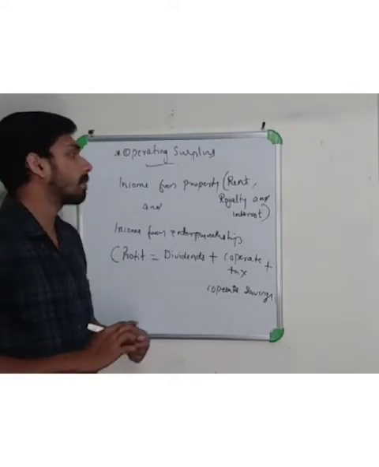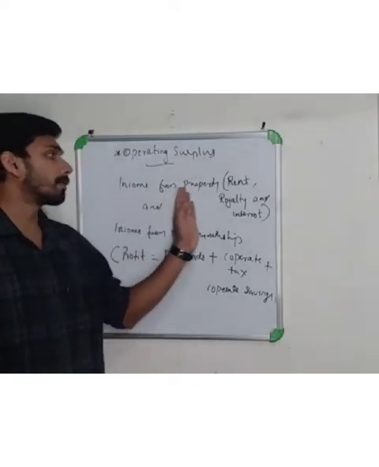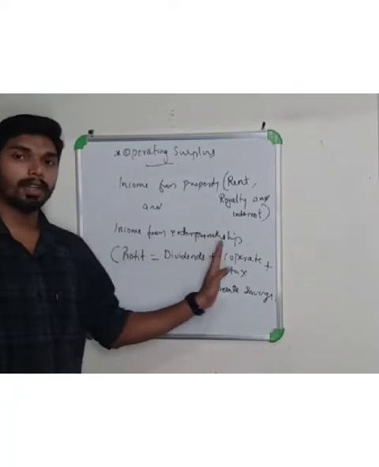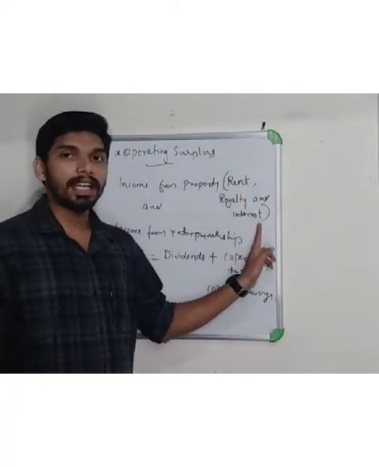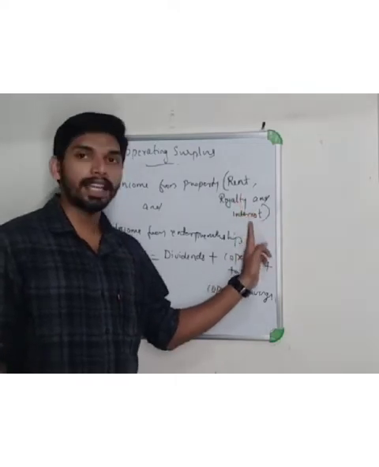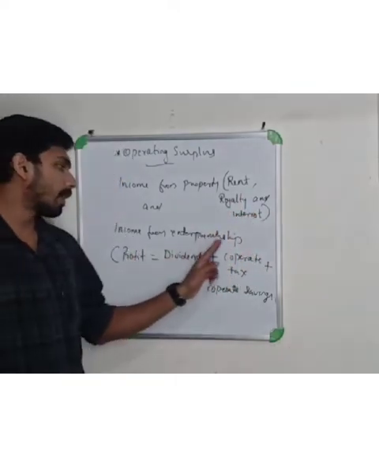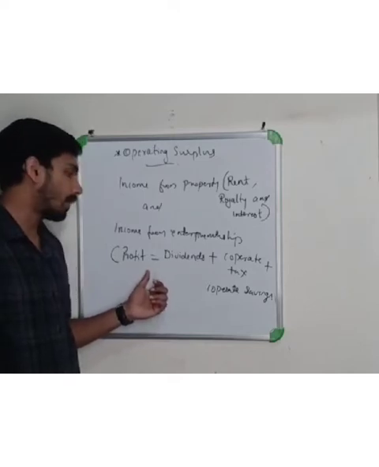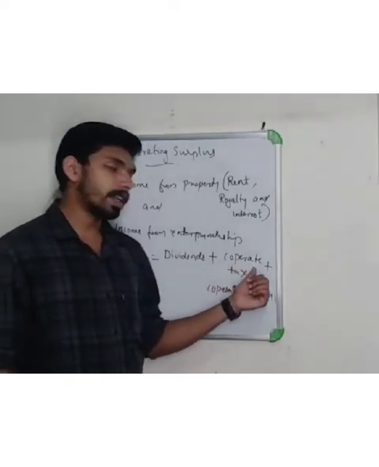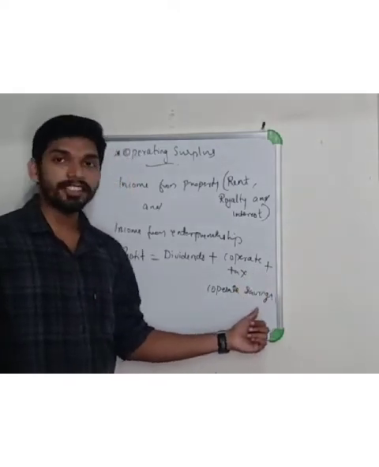Operating surplus is the sum total of income from the property, which means rent, royalty, and interest, and the income from the entrepreneurship, which means the profit, that is dividends plus corporate tax plus corporate savings.